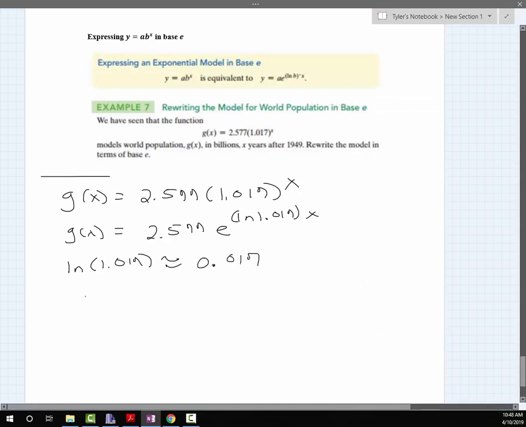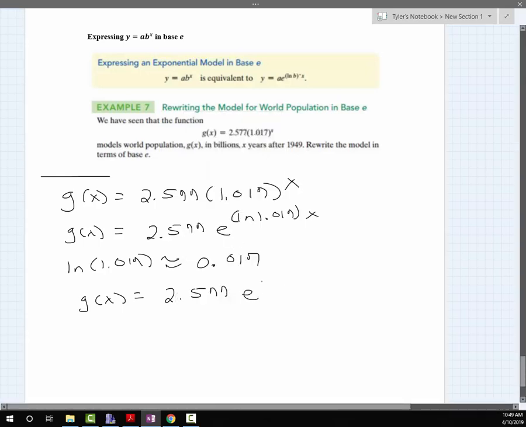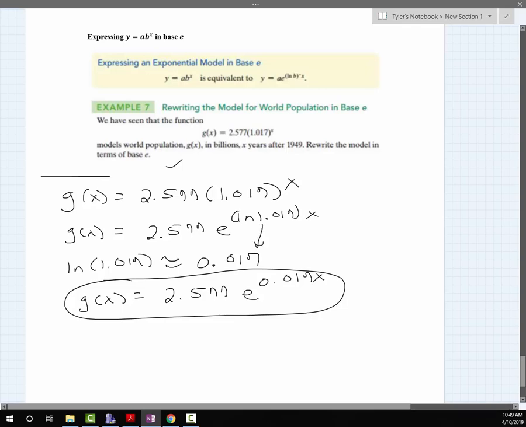So that means that g of x is equal to 2.577 e raised to the 0.017x. So that's the answer. But I don't want you to get a misconception that I just subtract 1 away to get from here to here, because that's not true. This is just a coincidence that happens to work out.